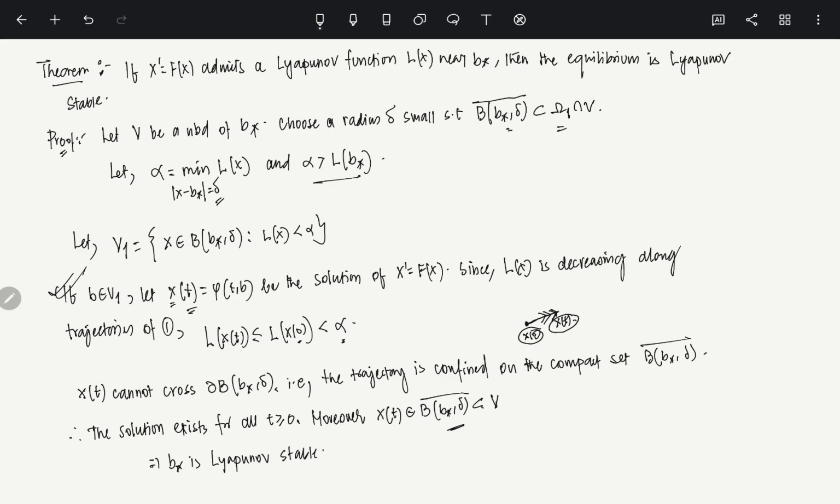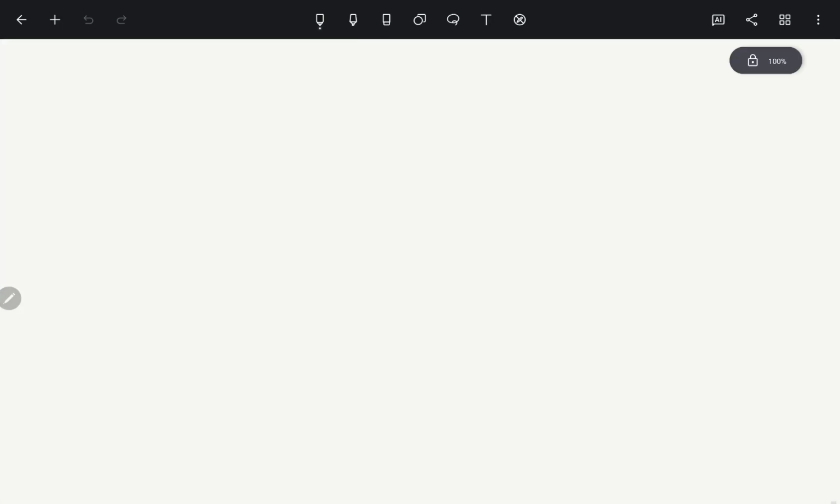Fine. Now, as I told you, the strict minima is very important. So let's take this example. Remark: strict minima of L of x is necessary. It is an essential requirement.